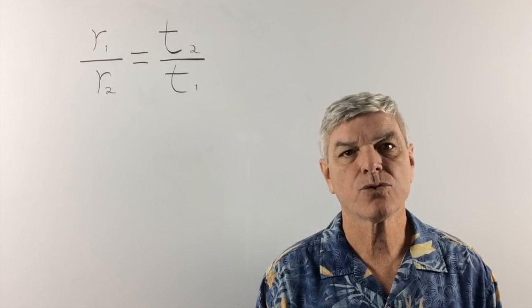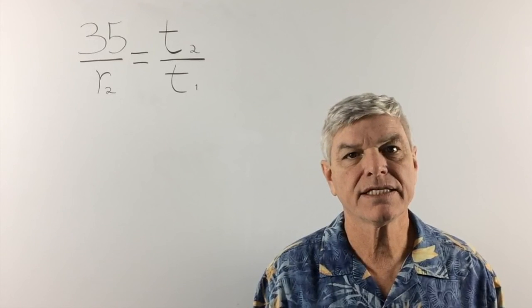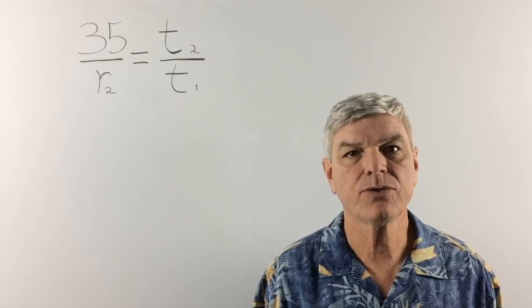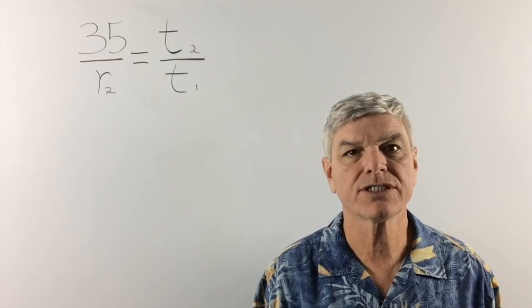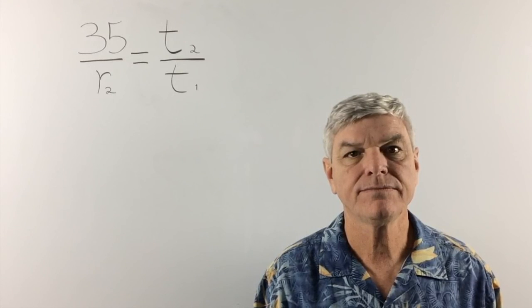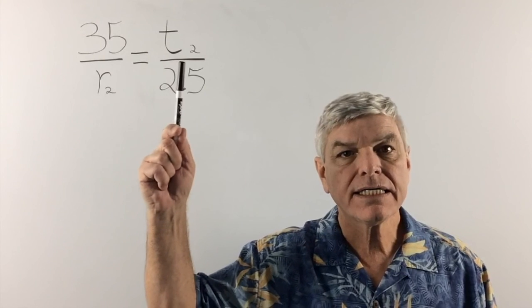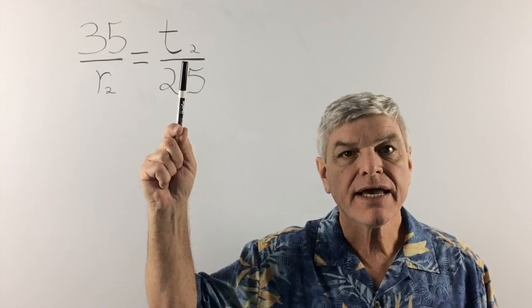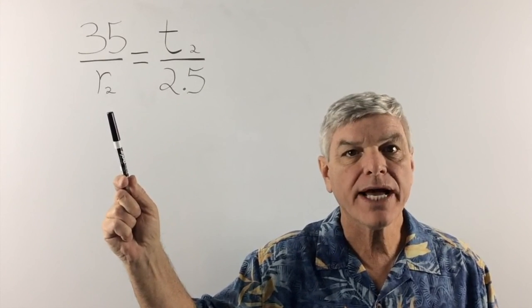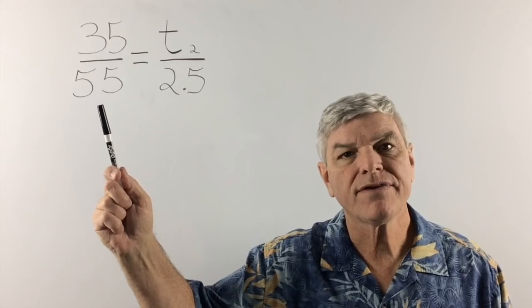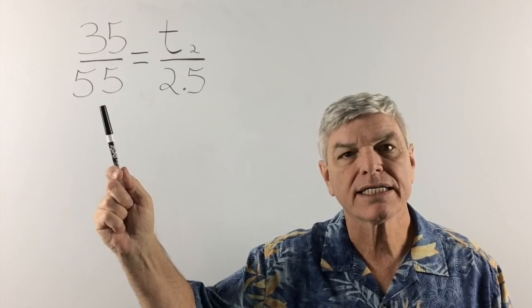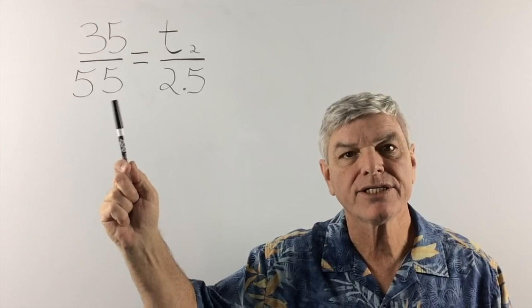There we go, and the first rate that they gave us was 35 miles per hour. And the second variable that they gave us was 2.5 hours, which was the first time, or T1. And they asked us to solve for the second time, T2, if they gave us a rate of 55 miles per hour. Now let's solve this by cross multiplication.